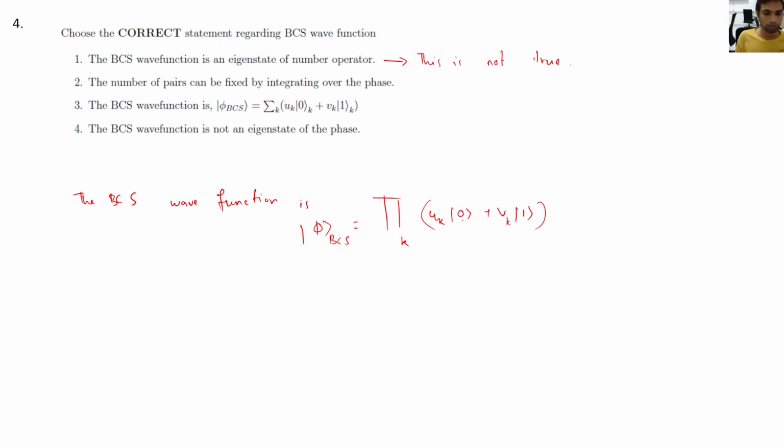Zero represents that the Cooper pair is absent, and one represents that there is a Cooper pair.